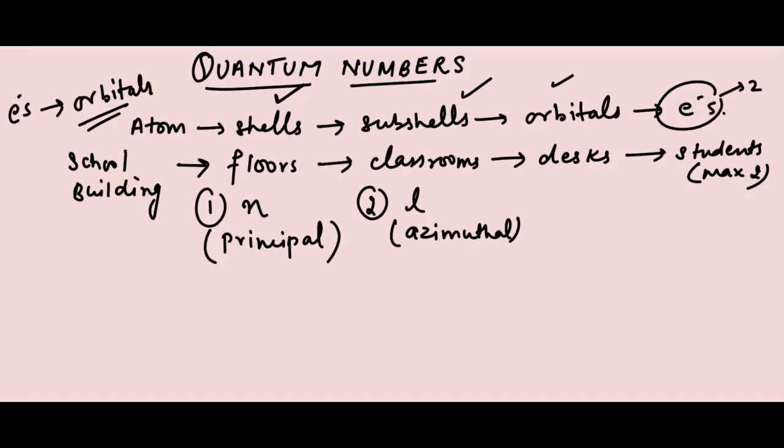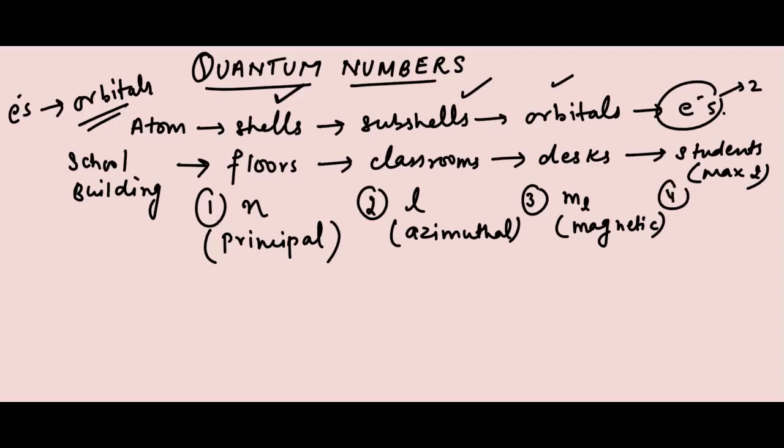This azimuthal quantum number tells you about the subshells. Similarly, you have the next quantum number, which is ml. This quantum number is called the magnetic quantum number. Since I have written it below the orbitals, obviously it means that it will represent the orbitals.